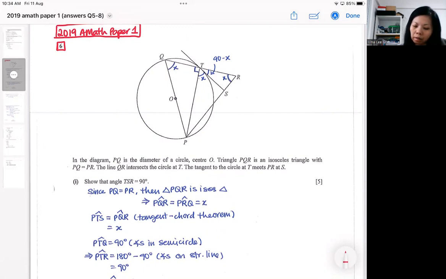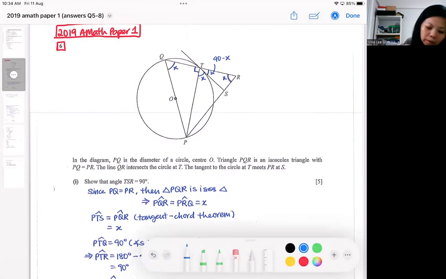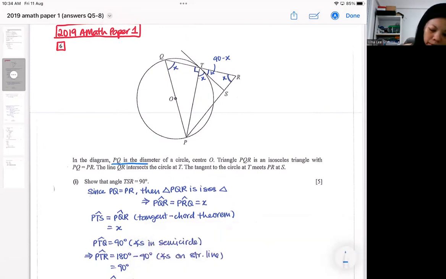So the first time you read the question, you read the information. Where you see the diameter part, you should have realized that there is a 90 degree.